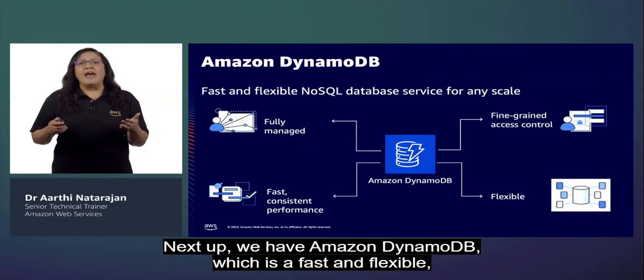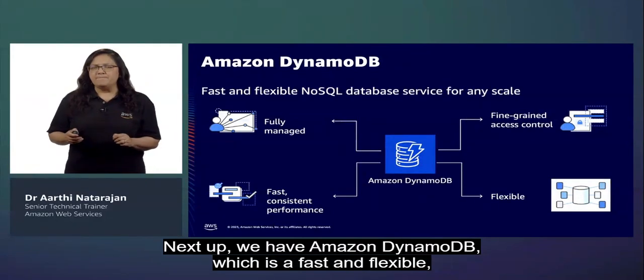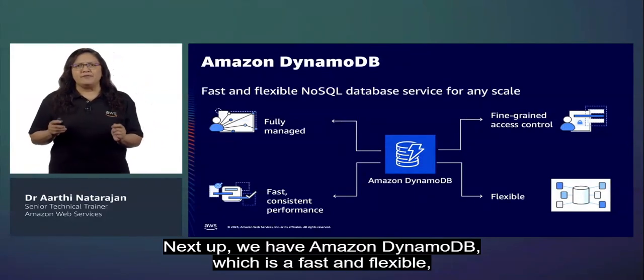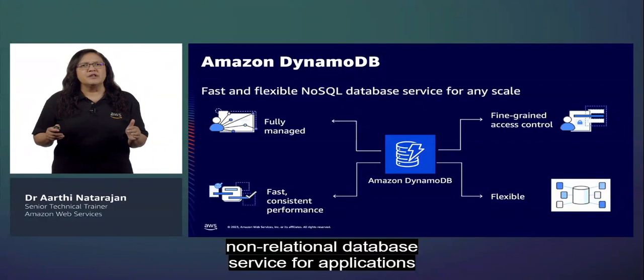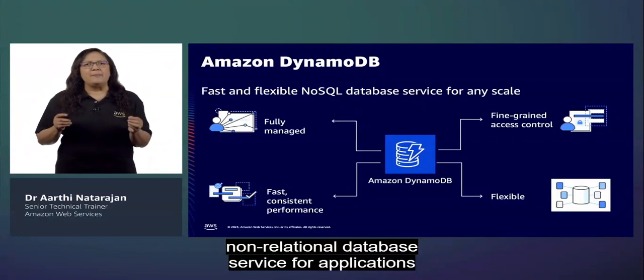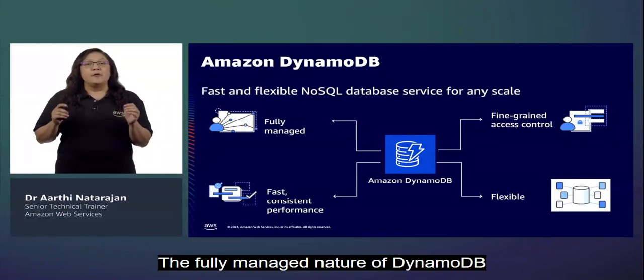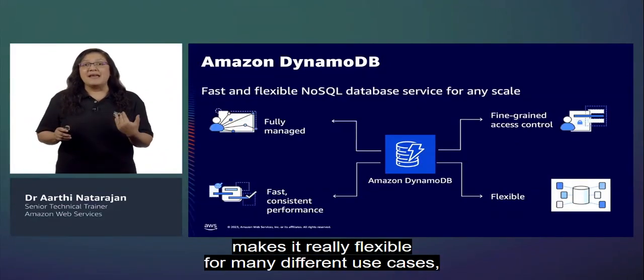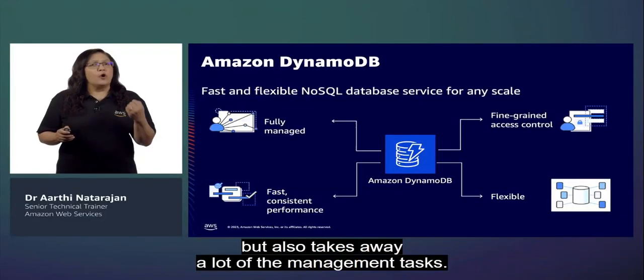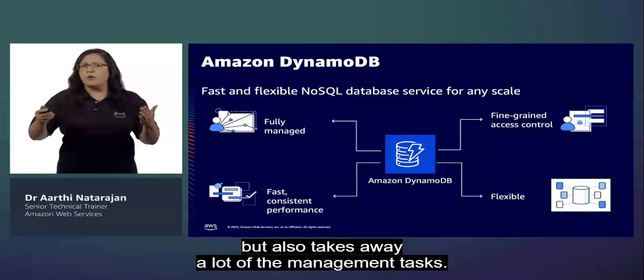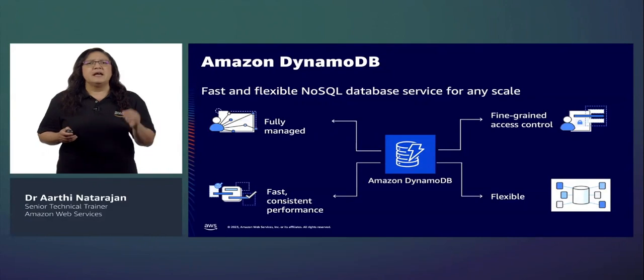Next up, we have Amazon DynamoDB, which is a fast and flexible, non-relational database service for applications that need consistent single-digit millisecond latency at any scale. The fully managed nature of DynamoDB makes it really flexible for many different use cases, but also takes away a lot of the management tasks.